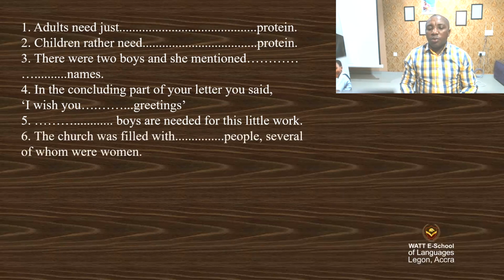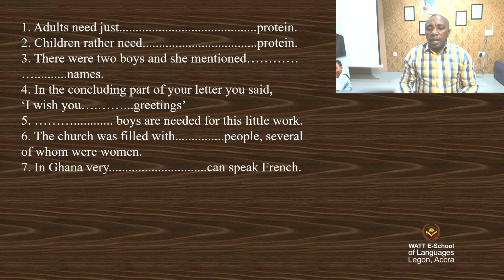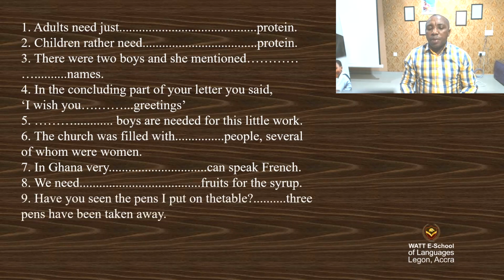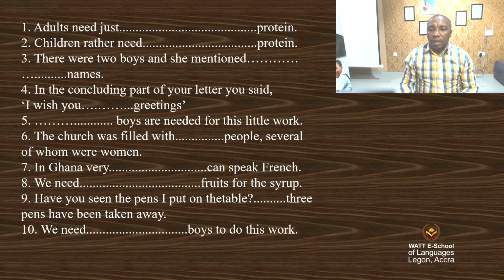The church was filled with people, several of whom were women. In Ghana, can speak French. We need fruit for the syrup. Have you seen the pen I put on the table? Three pens have been taken away. We need boys to do this work.